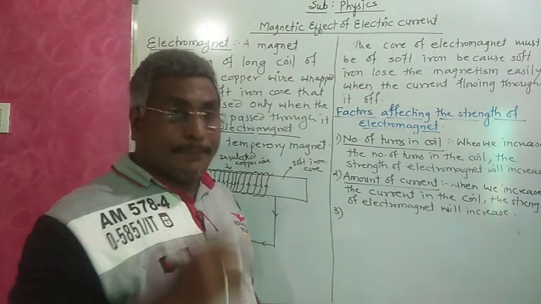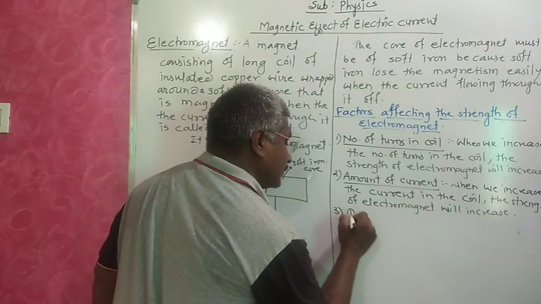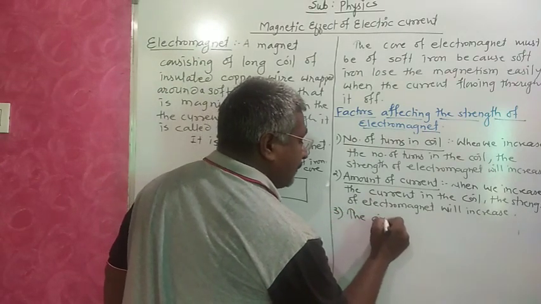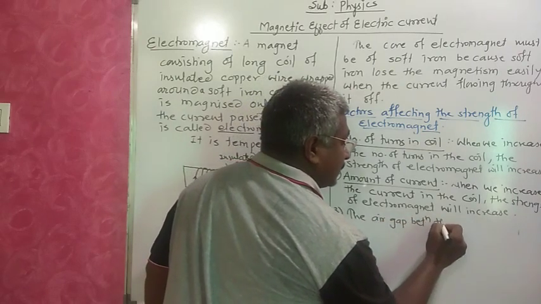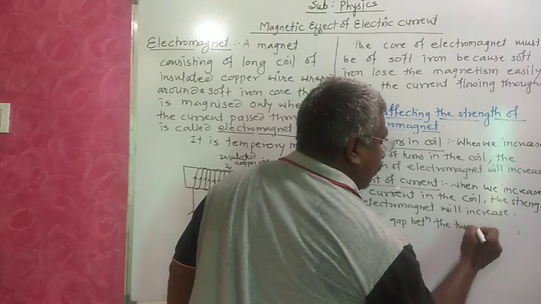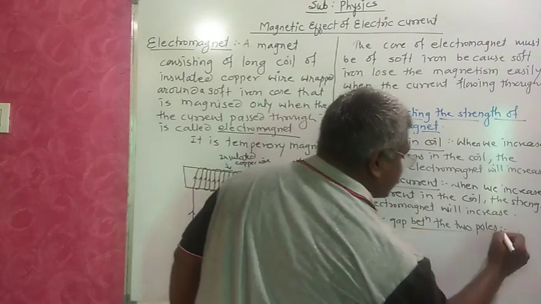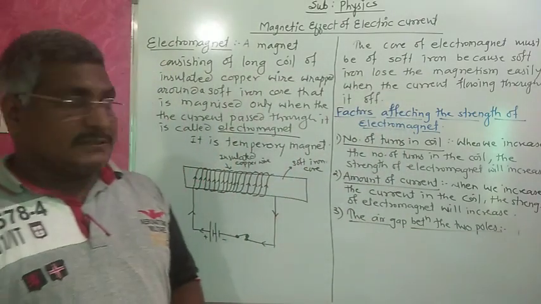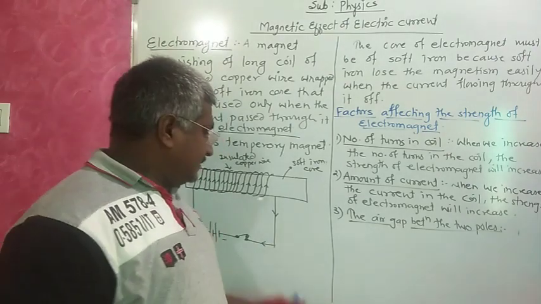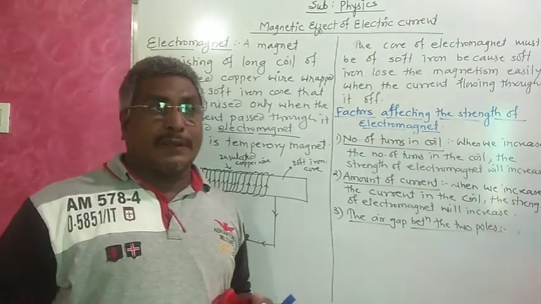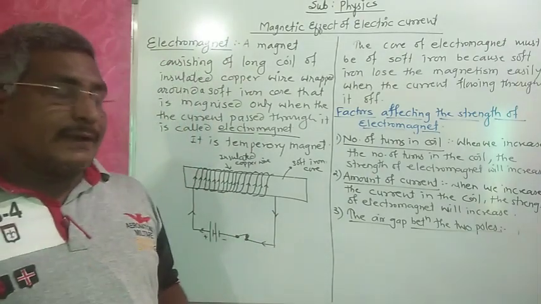The air gap between the 2 poles. What is the meaning of this air gap between the 2 poles? Generally, an electromagnet is formed from a U-shaped soft iron core.